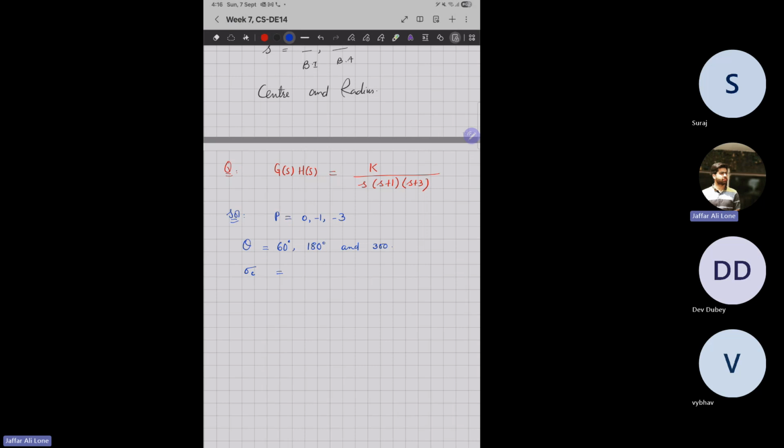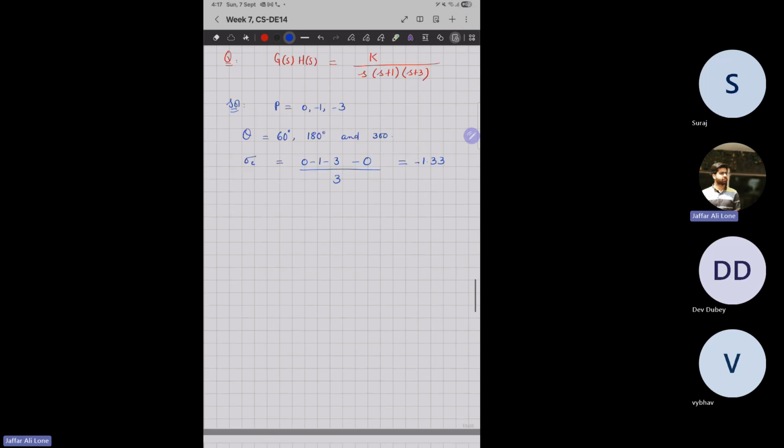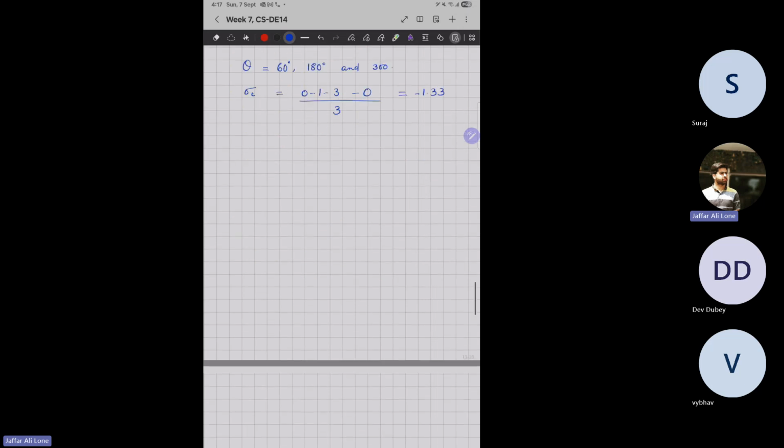Centroid will be the summation of real parts of poles minus the summation of real parts of zeros, divided by P minus Z. So it will be minus 1.33. So you got the centroid, you got the angles of asymptotes as well. Now let's plot it.